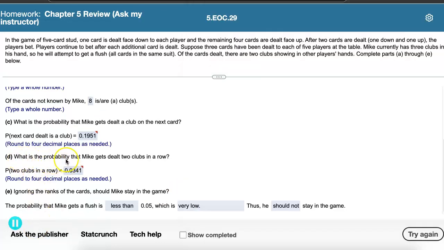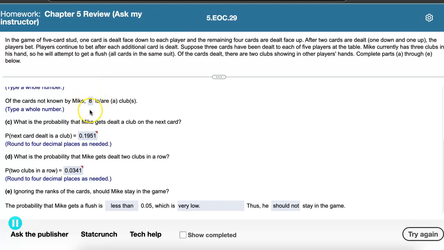For the next probability question that's asked with this particular problem, we're told Mike's going to be dealt 2 cards, and we're trying to find the probability that he is dealt 2 clubs in a row. These 2 cards are dealt without replacement, meaning that if he's dealt a club on the first card that he receives, then there will no longer be 8 clubs missing somewhere.